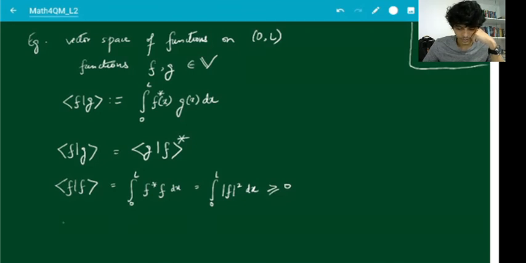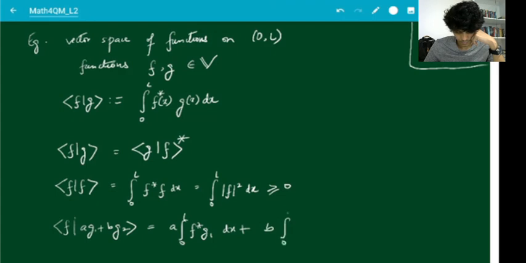And distributivity also works. Therefore this is also a valid inner product.